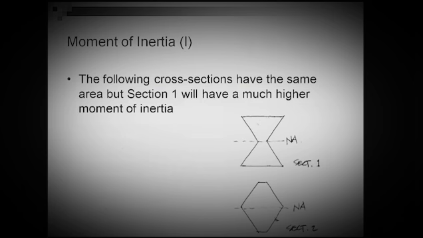You both got it right, because the majority of the mass is further away from the neutral axis. So basically, if I were to show you where the centroid of those two objects is, in section one, the centroid of the trapezoid at the top is further away, and so is the centroid of the trapezoid at the bottom, further away from the neutral axis. Section number two, the centroid is closer to the neutral axis.